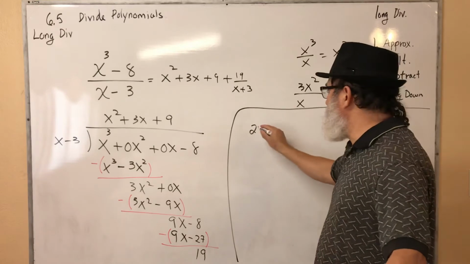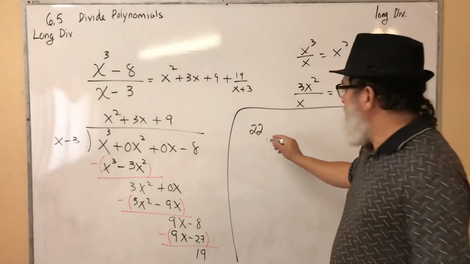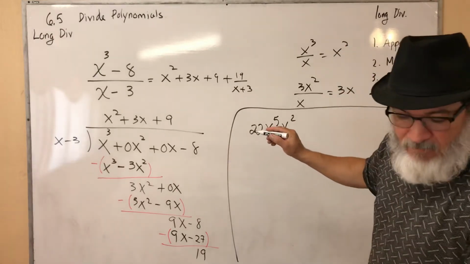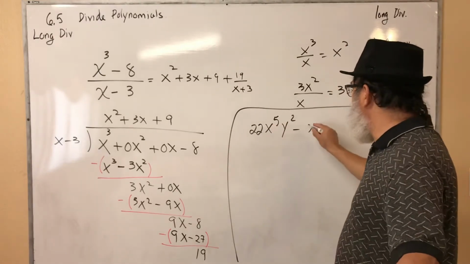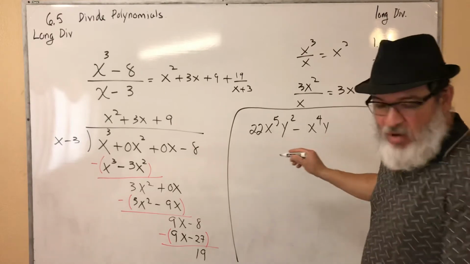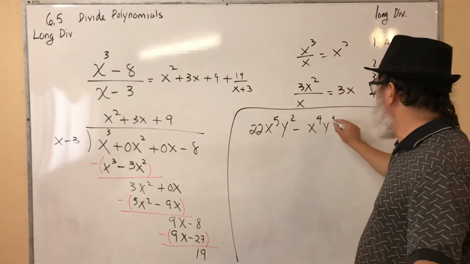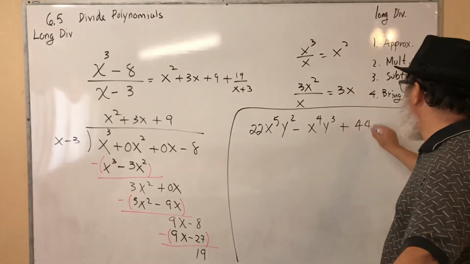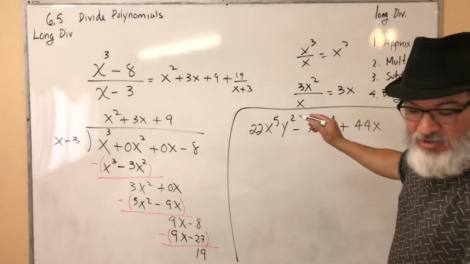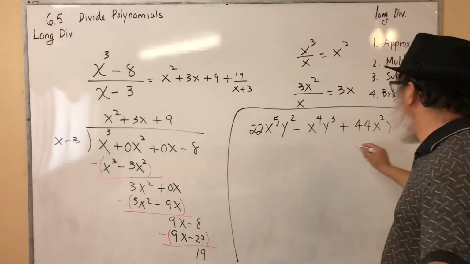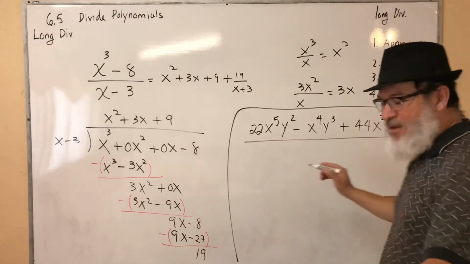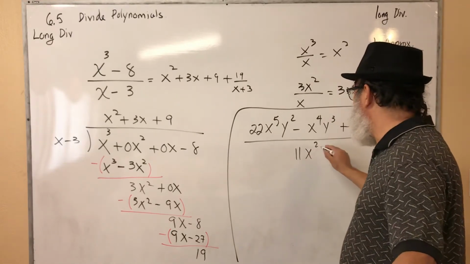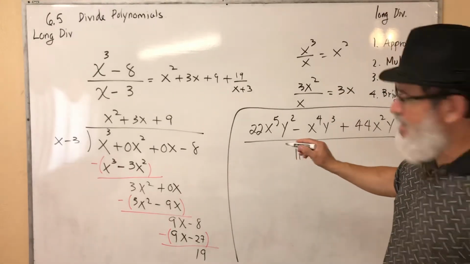Take 22x to the 5th y to the 2nd minus x to the 4th y to the 3rd plus 44x to the 2nd y, divided by 11x squared y to the 2nd.